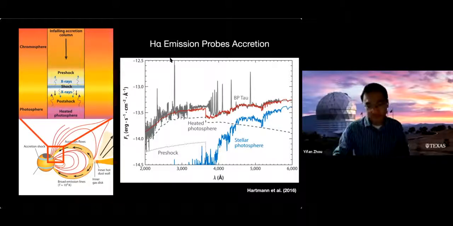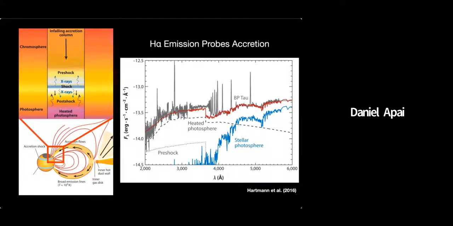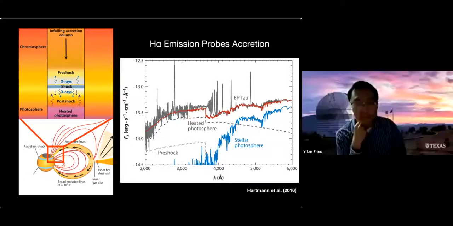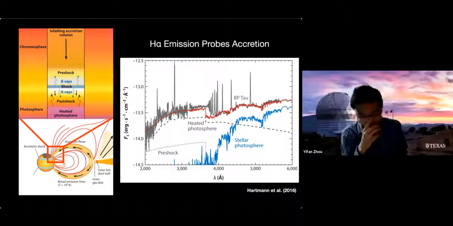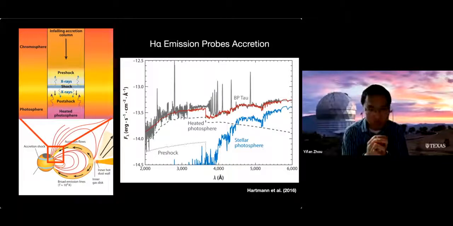Okay, so I'll continue. Basically, in this magnetospheric emission model, we can dissect where the flux is coming from. This model is built for star formation.